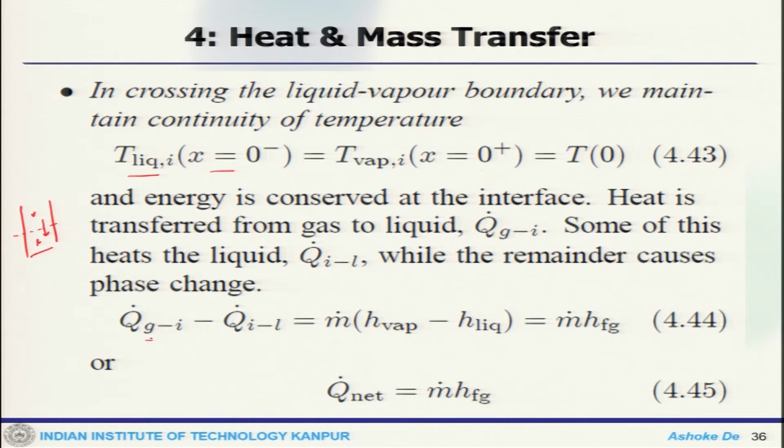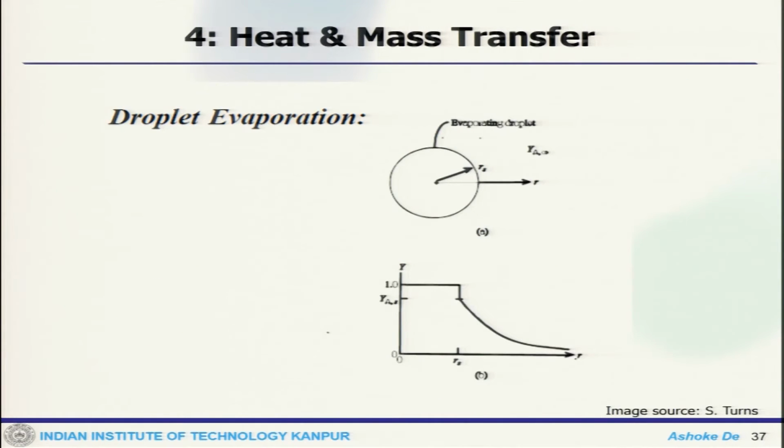So, Q G minus Q I L is m dot, times the difference of vapor enthalpy, so m dot H F G. So, one can find out that Q dot net is nothing but the change in enthalpy with the mass flow rate at that interface. So, if there are droplets at that interface, how does that evaporate?